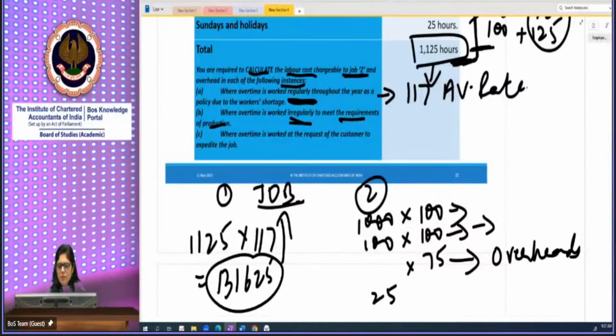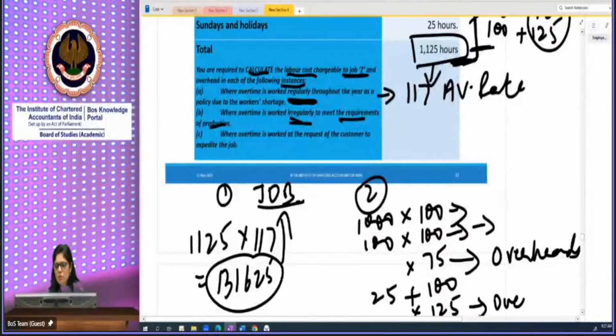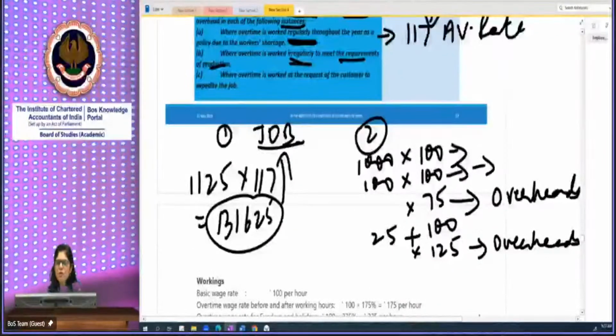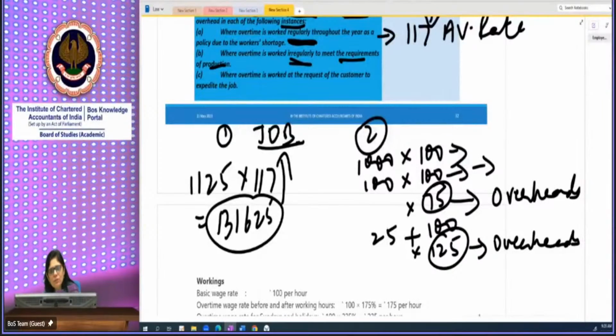Then for the remaining 2500, first will be 100 and the overtime will be 125. So 125 will go to overheads. Is it clear? The rest will be charged to production. So the overtime cost will be charged as indirect labor cost, but to the production department only. Clear? So now I hope you must have understood.